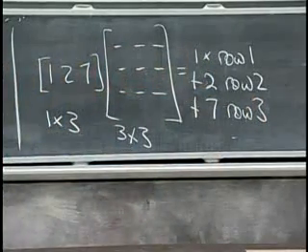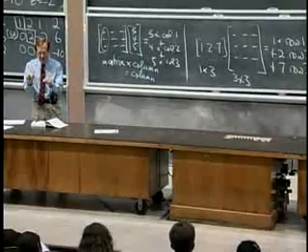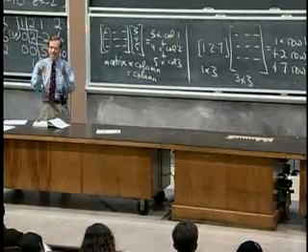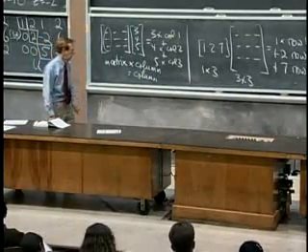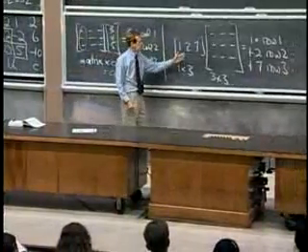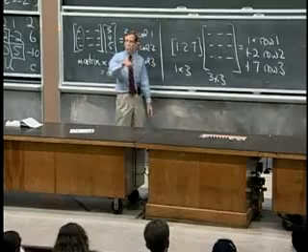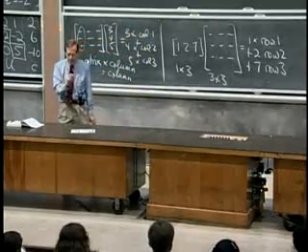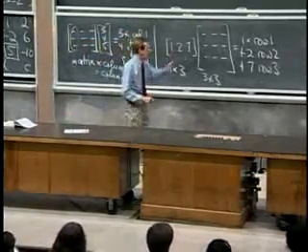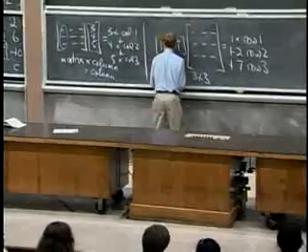As we do matrix multiplication, keep your eye on what it's doing with whole vectors. And what it's doing in this case is combining the rows. We have a linear combination of the rows. Okay, I want to use that.